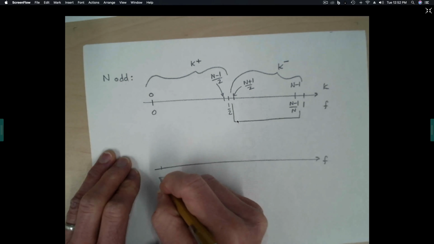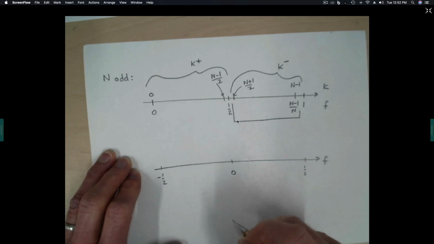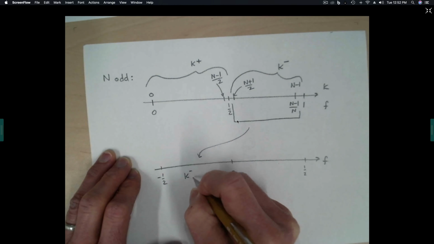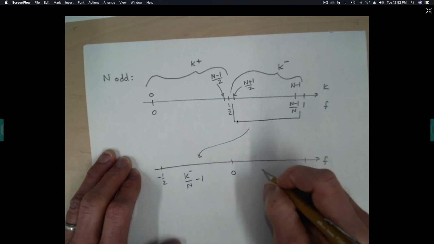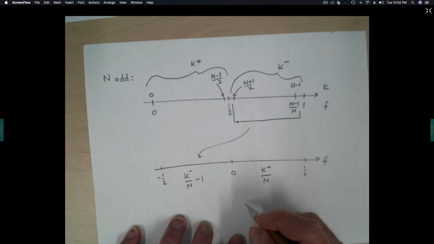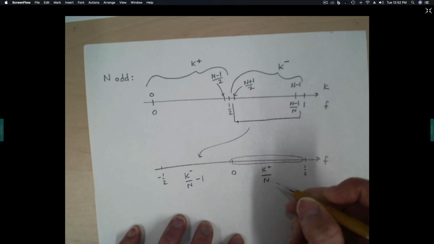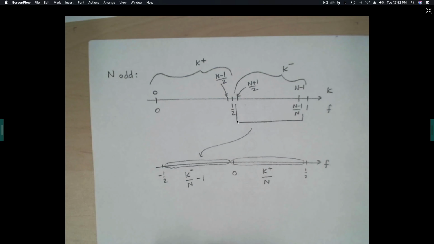And then to construct frequencies between minus 1/2 and 1/2 with the 0 bin in the center, we'll take k negative divided by n, that converts to frequency, and then subtract 1, and then of course we'll have k positive divided by n for our positive frequencies. So that will generate frequencies here between 0 and 1/2, and then we'll also have frequencies over here on the negative side.